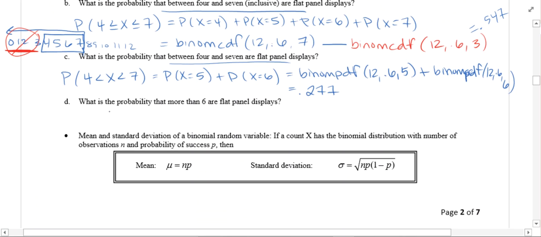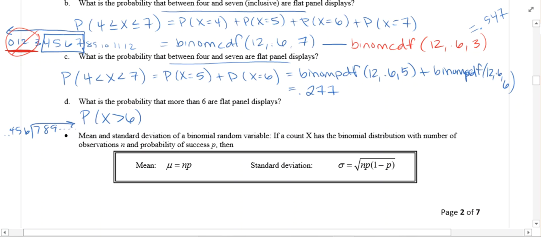Okay, and then for part D, what's the probability that more than 6 are flat panel displays? X is greater than 6. So that's including 7, 8, 9, 10 is what we really want. If you think about it, I'm just going to write out some of the numbers over here. It goes all the way down to 0. So we want greater than 6, we want 7 and higher.